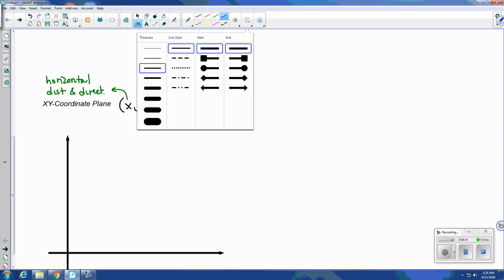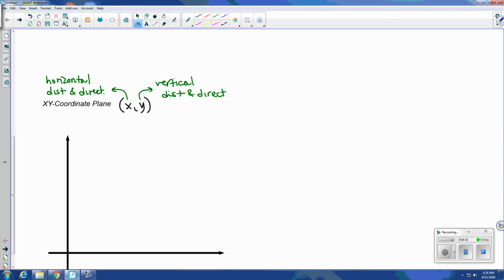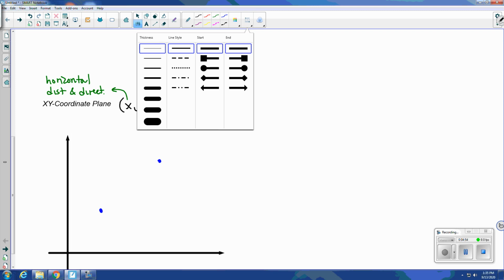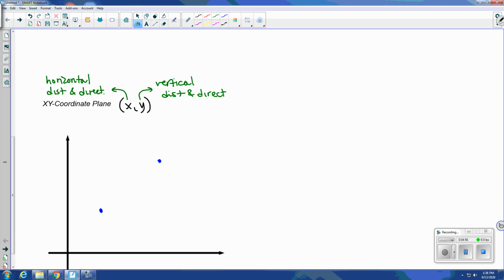If we plot 2 points in our coordinate plane, and we would like to find the midpoint between them, let us first label this as x1, y1. And let's label this as x2, y2.